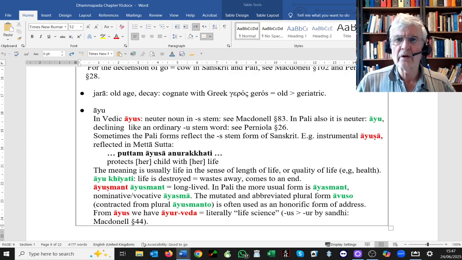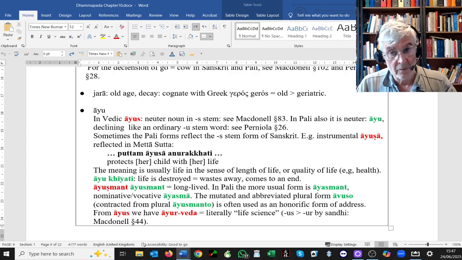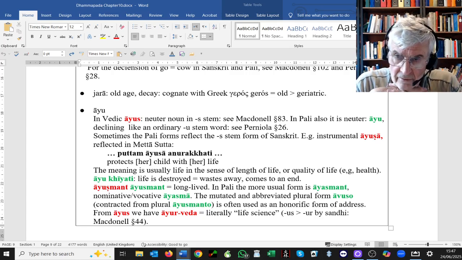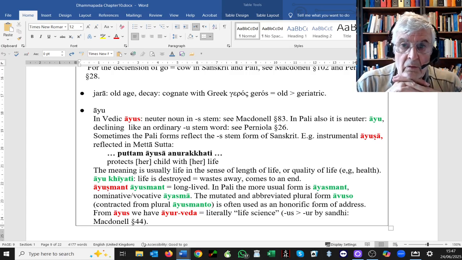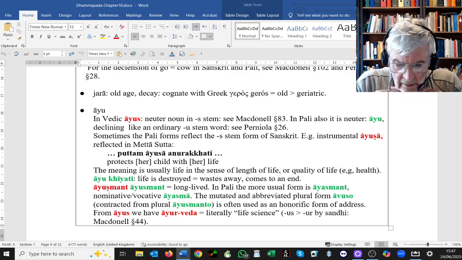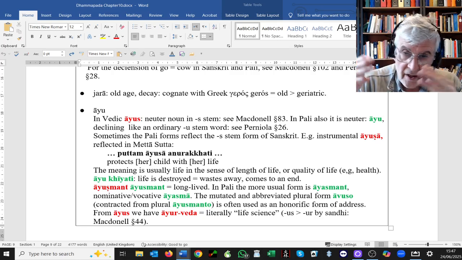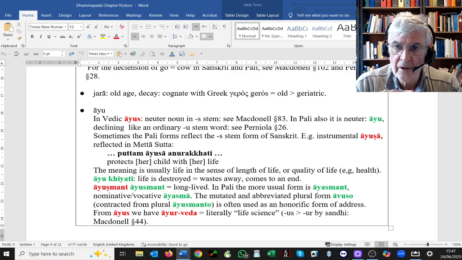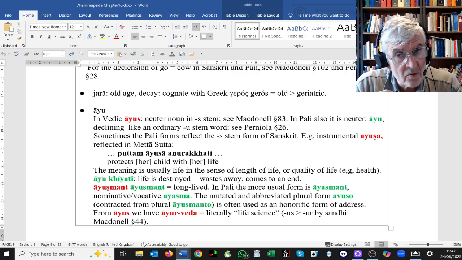There is one story that after the Buddha attained his enlightenment, he went to see his group of five friends with whom he'd been practicing the austere and holy life for a long time. When he came upon them, the first time he'd seen them after his enlightenment, they started calling him avuso.